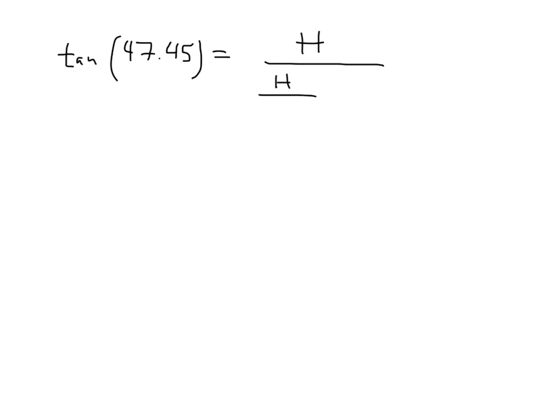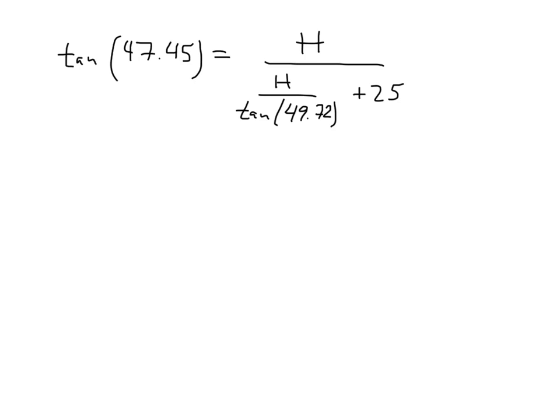When we make that substitution, we get the following equation. Tangent of 47.45 is equal to h over tangent of 49.72 plus 25.